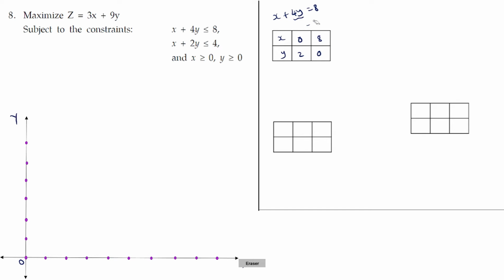So these are the 2 points. So if we mark the points 0, 2 and 8, 0 on the graph sheet, and if we draw the line joining these 2 points, it is the line x plus 4y equal to 8. So here on the x-axis and y-axis, let us take the scale as 1 centimeter equal to 1 unit.